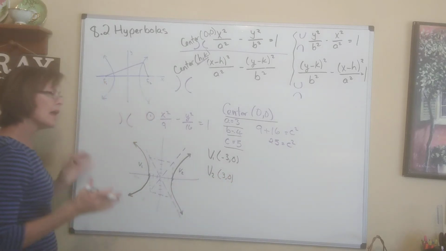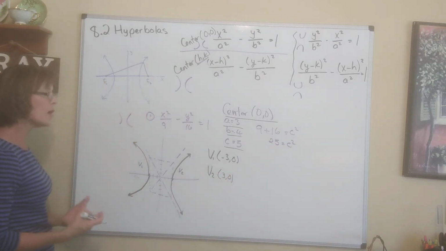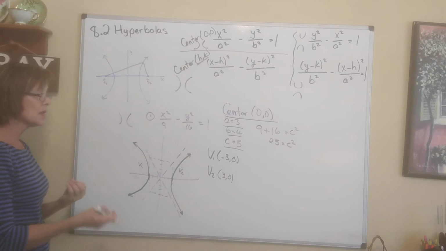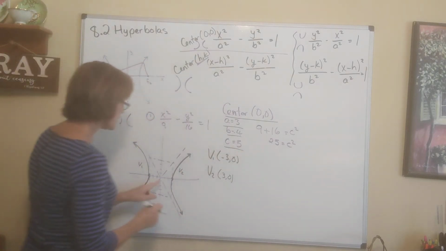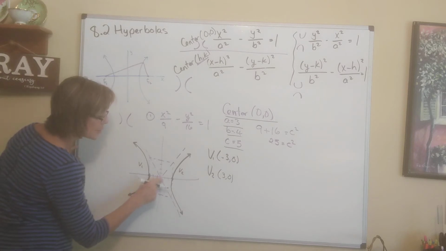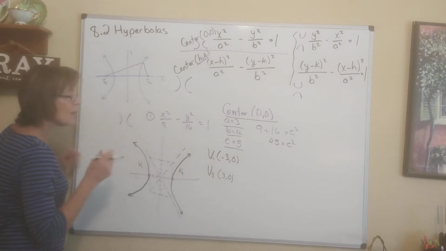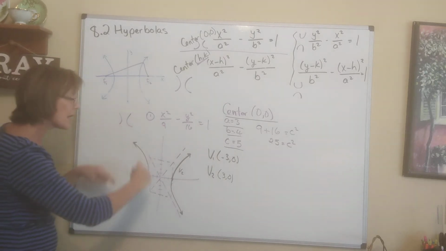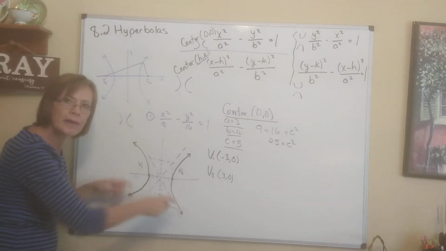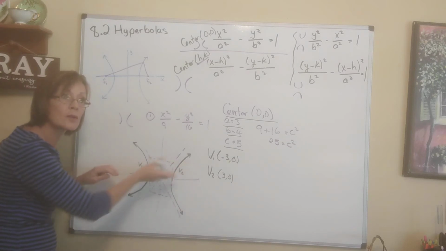Now, how do I find the foci? Those are C units from the center. C is 5. So here's the center. I'm going to go to the right 5 and left 5. Why did I go right and left instead of up and down? Because my hyperbola is facing this way and everything's oriented horizontally.